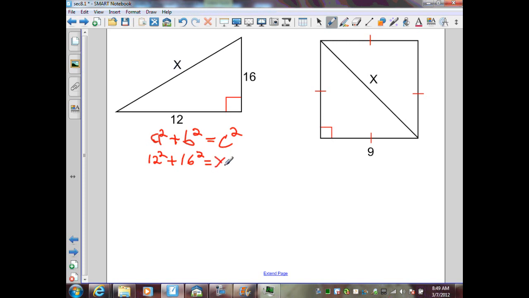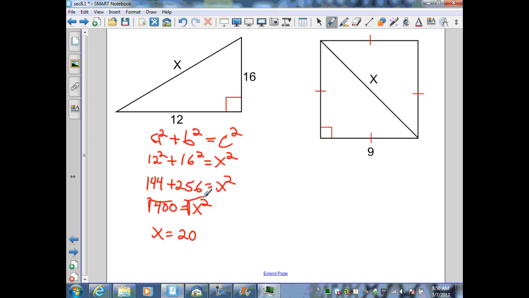In this case, it is x. Simplify. 12 squared is 144. 16 squared is 256 equals x squared. Combining these terms, I'm going to get 400 equals x squared. Take the square root of both sides. x is going to equal 20.